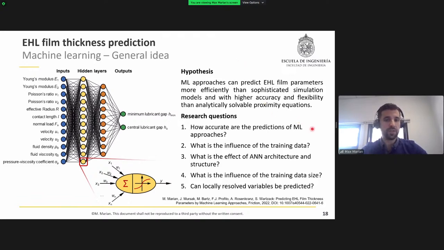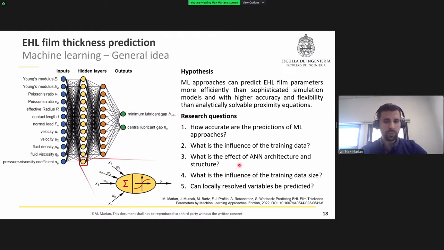Thereby, we addressed the following research questions. How accurate are the predictions of ML? In our case, support vector machines, Gaussian process regression, and artificial neural networks, as we can, for example, see the latter one exemplarily on the left-hand side of the slide, compared to the proximity equations. The second research question: what is the influence of the training data if we use, for example, the non-dimensional groups instead of the original input to train the ML approaches?